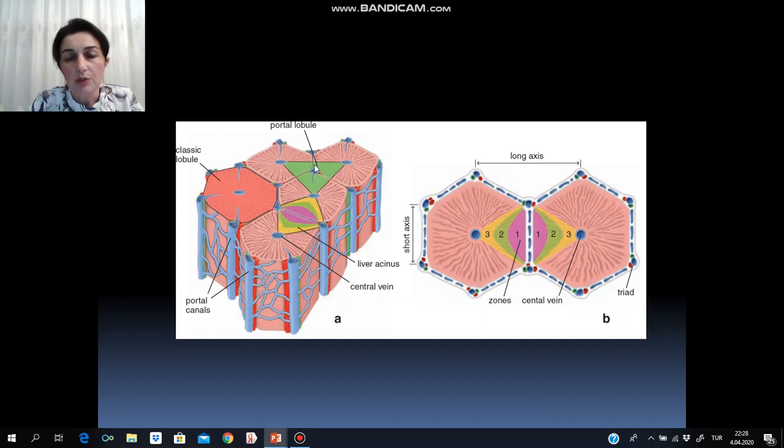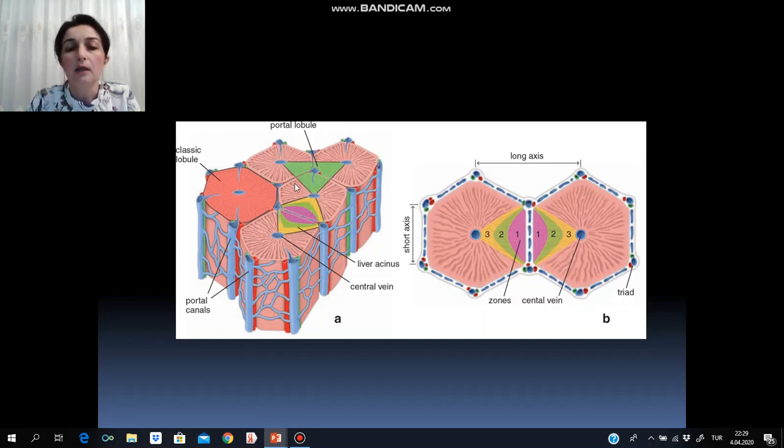That conceptualization is acquired if we talk about the liver as a gland, because as we know, in other glands, in the acini of the glands, the product of the gland will flow from the periphery towards the center of the gland. But in this case, in the classical liver lobule, the bile, as we know, flows from the center to the periphery, and it is not in accordance with the conceptualization of the gland.